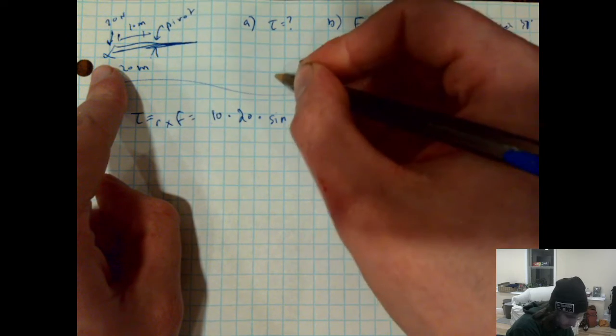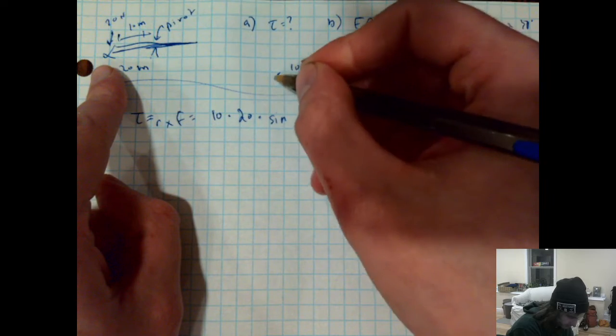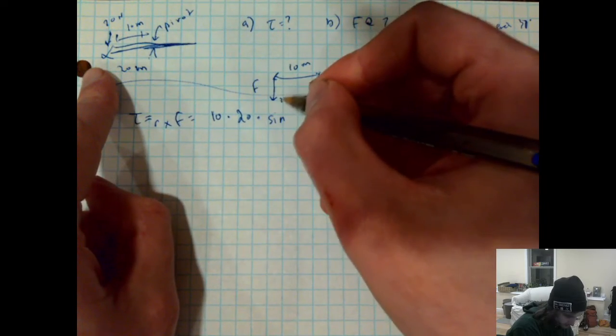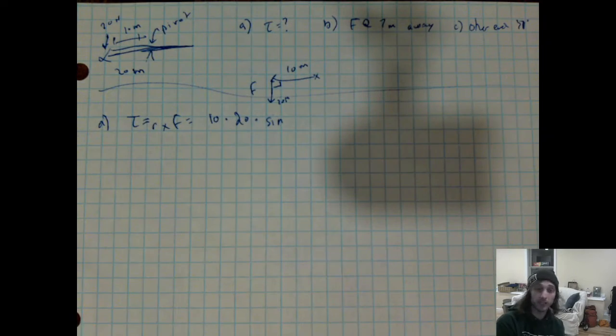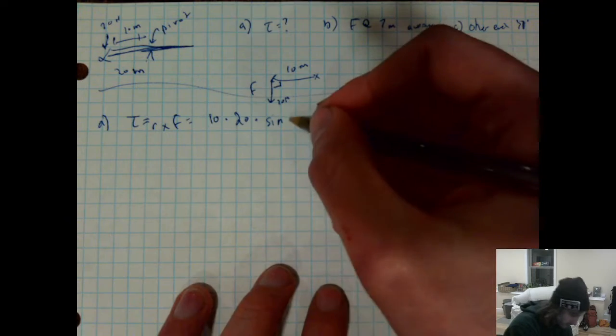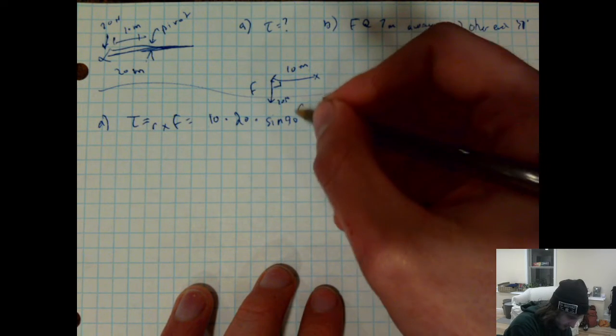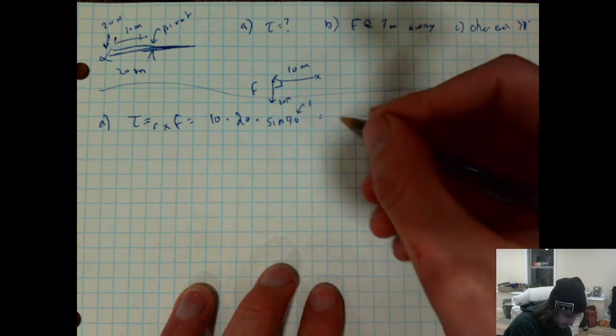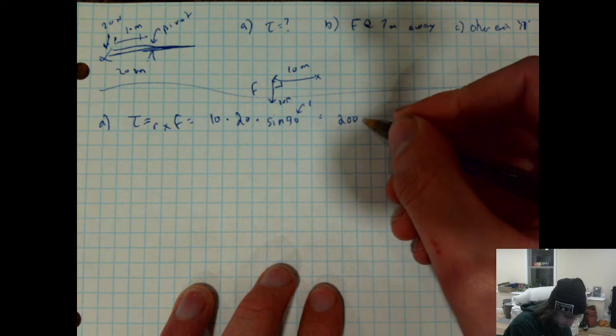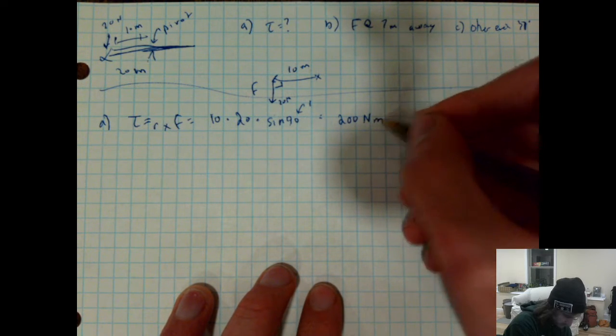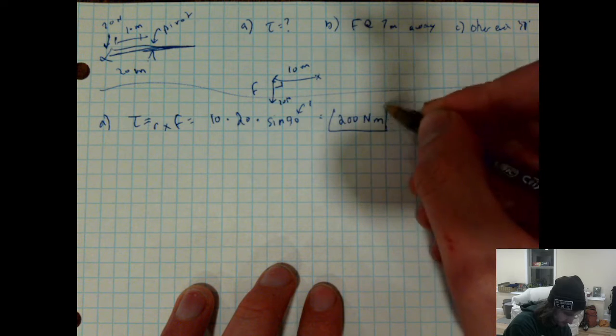Because one is straight down and one is side to side, they are perpendicular, so sine of 90 is going to give us 1, and we don't have to care about it. So we get 200 Newton meters, yes, the units are joules, of torque.